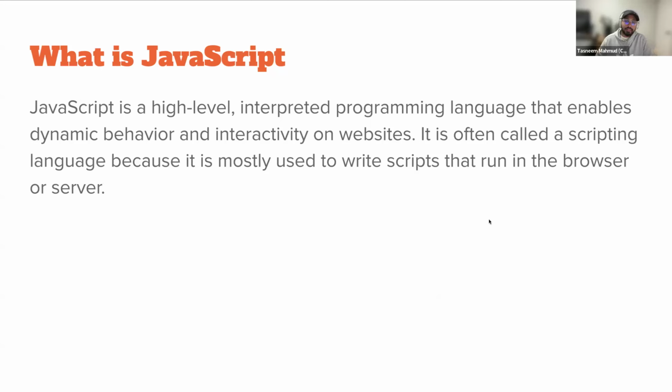As I said, JavaScript is mainly used to turn a website dynamic and interactive. And as you can see over here, it's also sometimes called a scripting language since it's basically creating scripts that run in the browser or server.